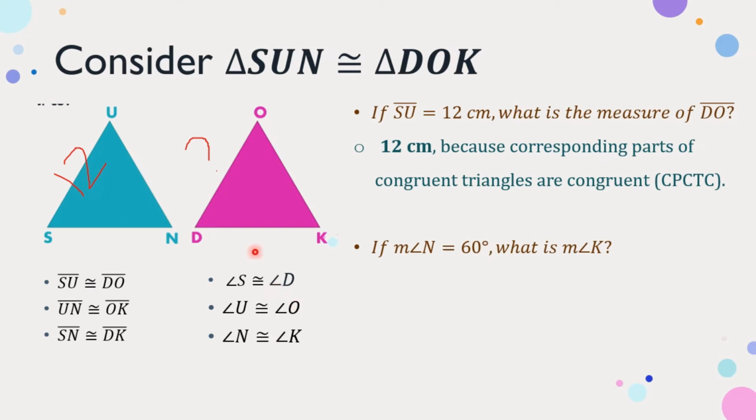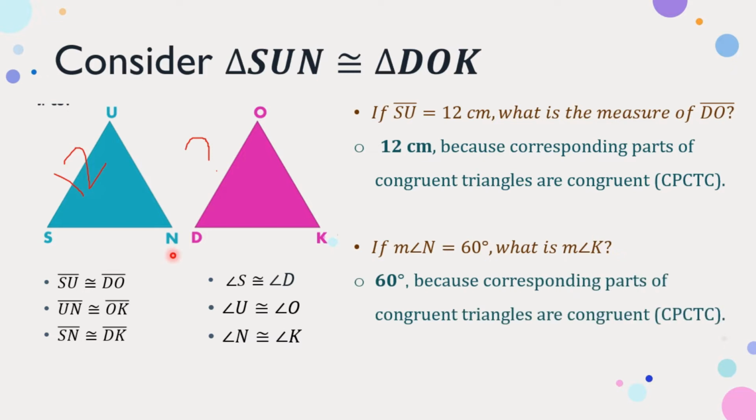Now, since angle N is 60 degrees, what is angle K? Siyempre, 60 degrees. At bakit? Okay, because corresponding parts of congruent triangles are congruent, or simply because CPCTC. Okay? So, that's it.